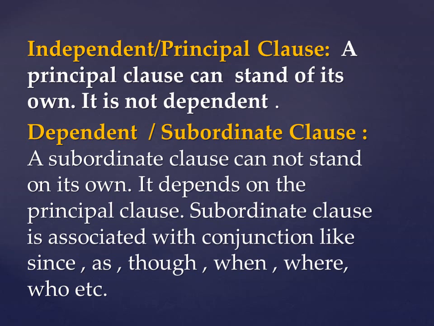A subordinate clause is associated with conjunctions like since, as, though, when, where, who, etc. A principal clause doesn't depend on any other clause. It is sufficient in itself to express a thought or a meaning.